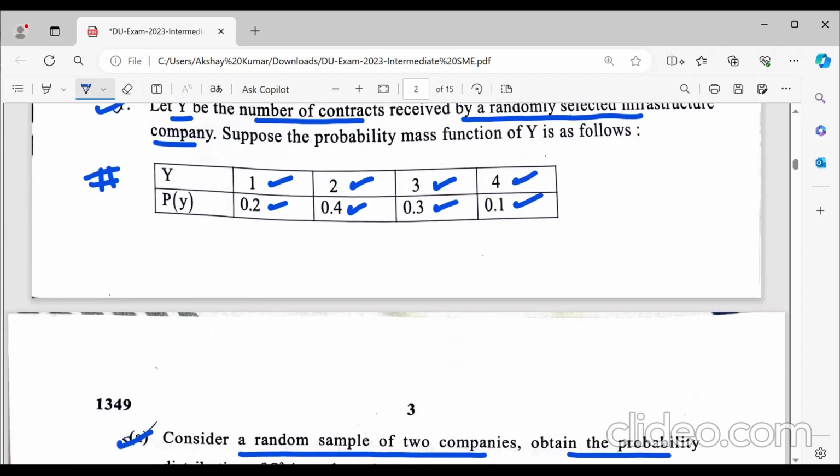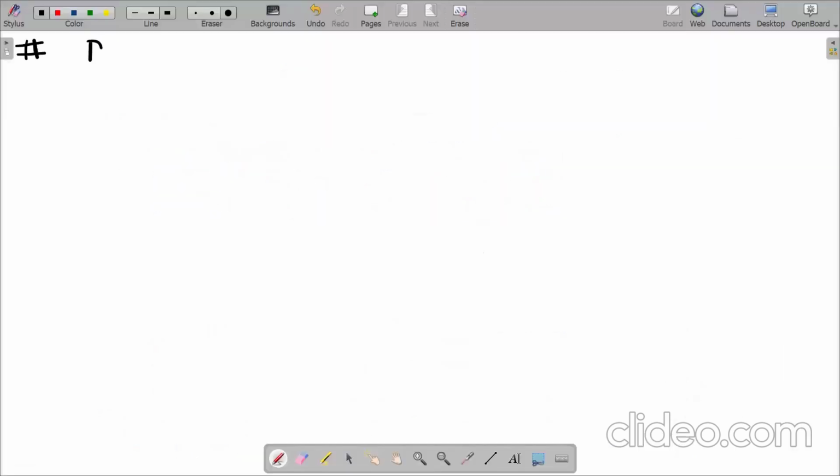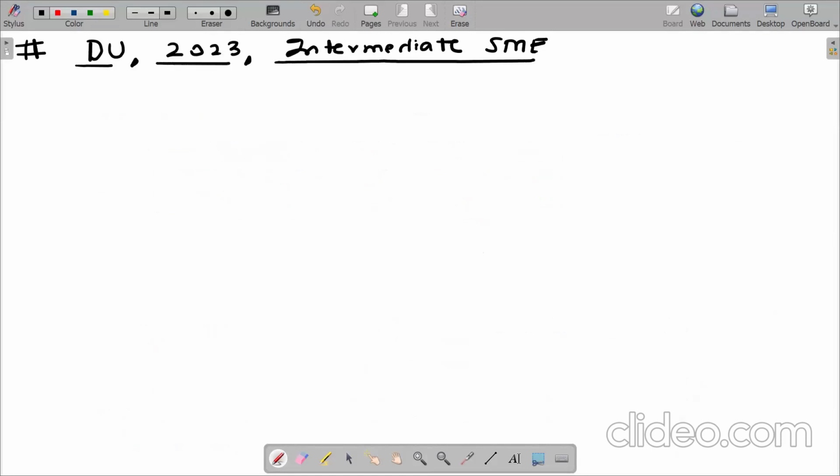Let's quickly come to the whiteboard and solve this problem. I'm just writing the main heading for completeness. We are looking at the Delhi University 2023 question paper for intermediate methods for economics. Let's look at question number 1. I am just writing what is given to us.